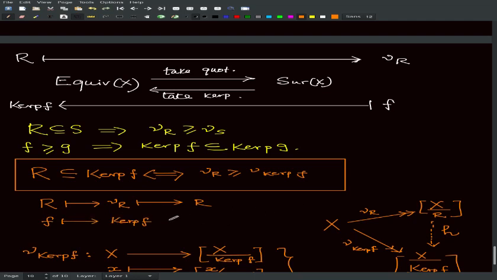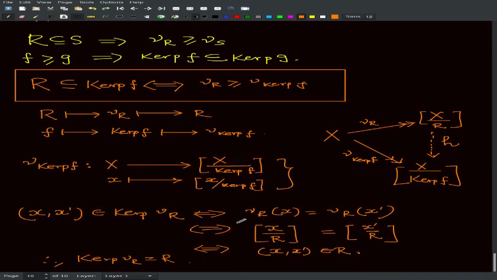Aha! Now there is a problem. I come to this nu of the kernel pair of f. So my question now is, how are these two related? I'll now show that this, as a surjection, is equivalent to f. So that's the last straw that we are left with.